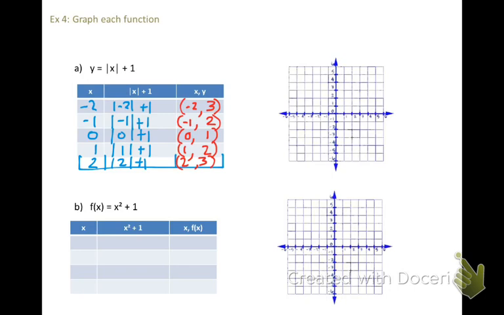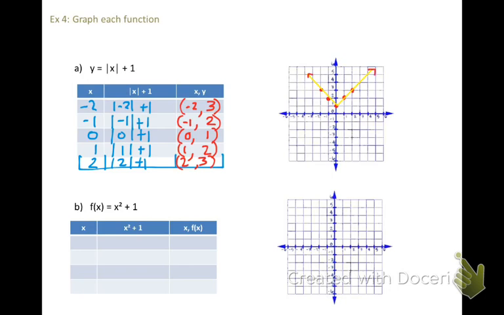I'm going to have -2, 3, -1, 2, 0, 1, 1, 2, and 2, 3. And I'm going to graph it. Now, an absolute value looks like a V. Your answer will look like a V.